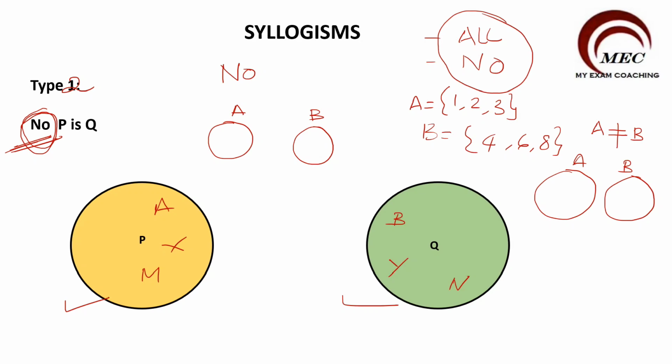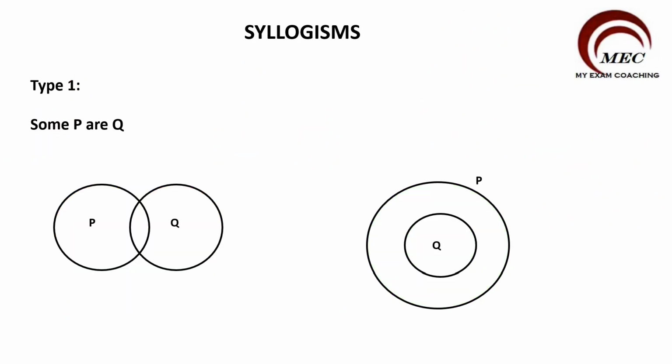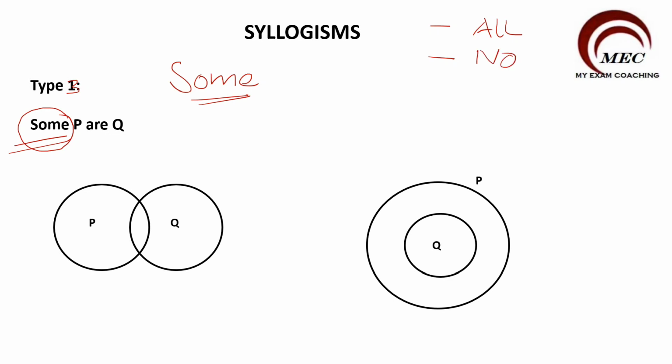And what is the next type of question? The third type is the word some: some P are Q. So we have seen the word all in the first part, the word no in the second, and the word some in the third part.